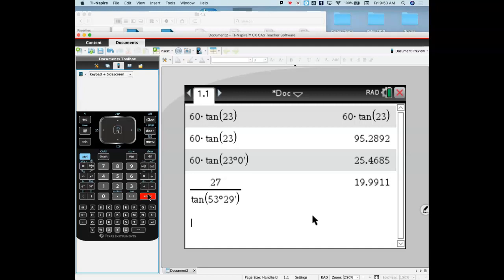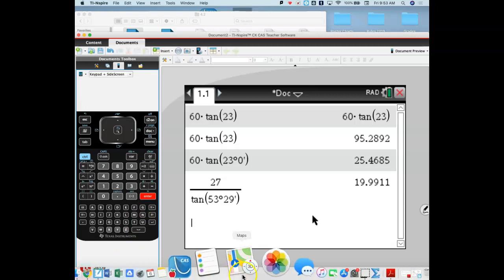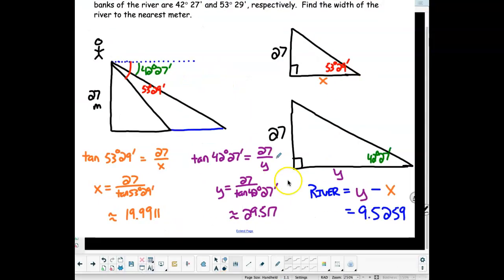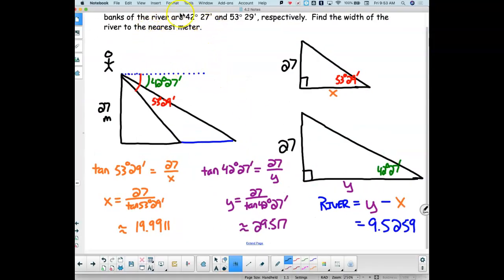So what do we got for a final answer? 9.525 meters. No, 9.5 meters. No, 10. Why does it say 9.5?